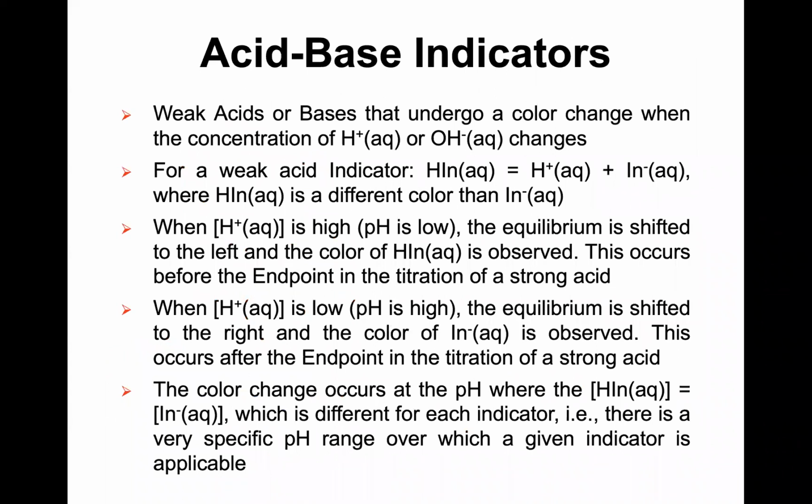Now, if you don't have a pH meter, we can apply an indicator. An indicator is a weak acid or weak base, which will change color when the concentration of protons, hydronium, or hydroxide changes. If you apply a weak acid as the indicator, it will dissociate.